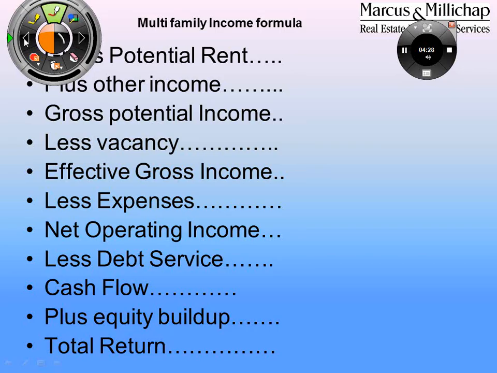Subtract that from NOI, and now you've got cash flow. And finally, put in the equity buildup, and you've got total return. That's basically the income formula that you do need to memorize, and you need to look at every deal in terms of these numbers because that's what people who are in the business do.